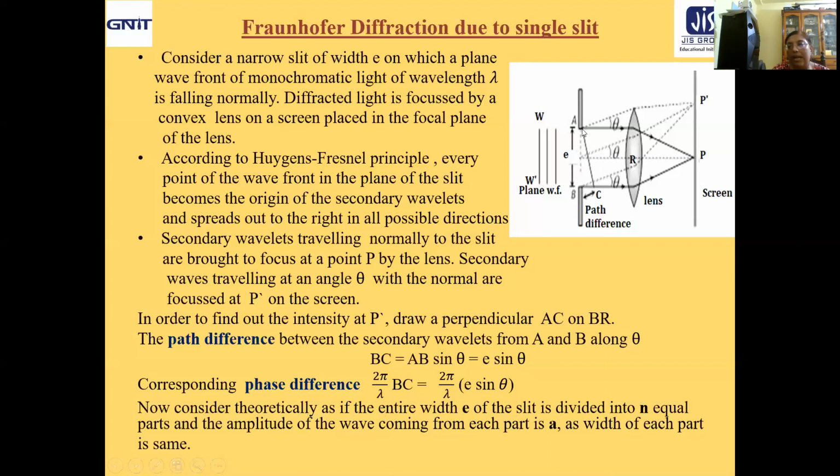Theoretically, we are considering the total width of the slit divided into a large number of small parts, say n number of small parts, so that the amplitude of the wave coming out from each part is the same, because you are equally dividing it. Mind it, it is a theoretical consideration. And the amplitude of the waves coming out from each small subpart of this slit width is small a.